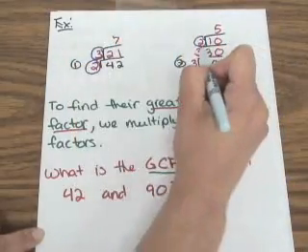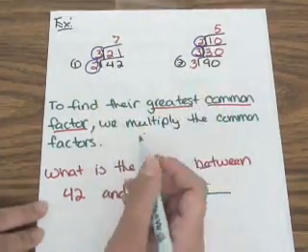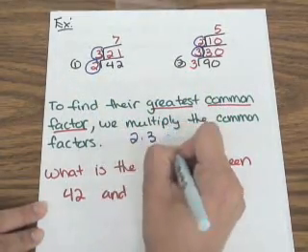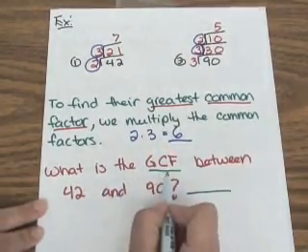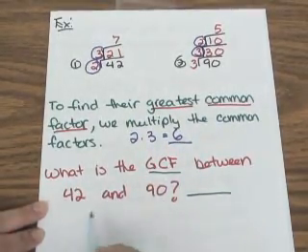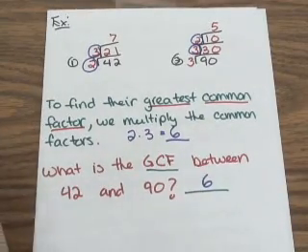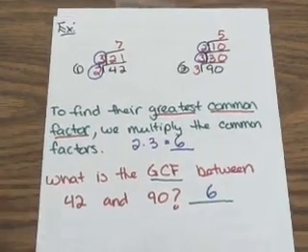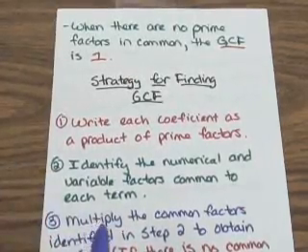So if we take the common factors 2 and 3 and multiply them, we get the number 6. And that tells us what the greatest common factor between 42 and 90 is. It would be 6. When there are no prime factors in common, the GCF is always 1.